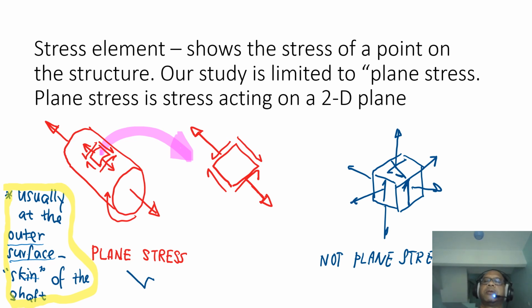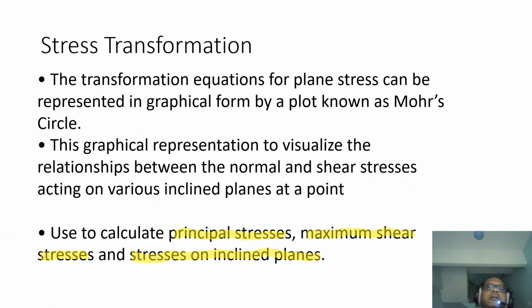Okay, so stress transformation is a set of transformation equations for plane stress, which can be represented in graphical form by a plot known as the Mohr circle. What is this Mohr circle? It is a graphical representation to visualize the relationships between the normal and shear stresses acting on various inclined planes at a point. It is used to calculate principal stresses, maximum shear stresses, and stresses on inclined planes.